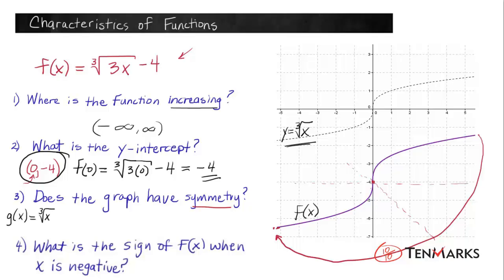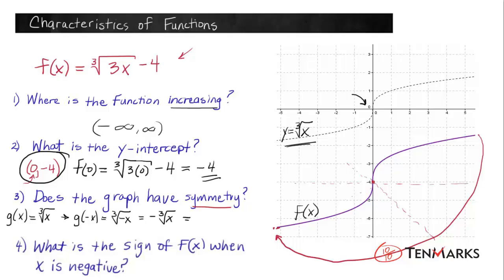And then I'm going to use the fact that all odd functions have origin symmetry. Our parent graph appears to have origin symmetry. If it's an odd function, then we verified it has origin symmetry. So let's do that. We're going to evaluate for g of -x and see where that takes us. That'll give us the cube root of -x, which results in the opposite of the cube root of x.